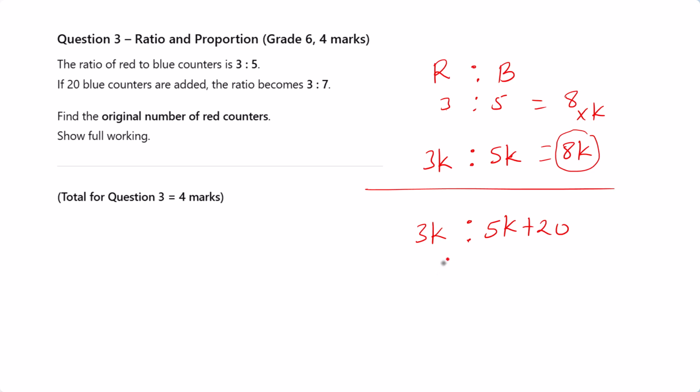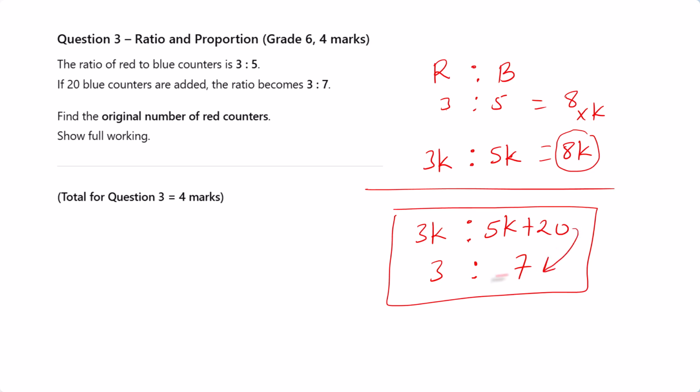So I'm going to put here 3 to 7. This is the information I'm going to use to help me work out the value of k. There are various ways you can do this. You can say that if you multiply this by something, you get that, and you multiply that by the same thing.